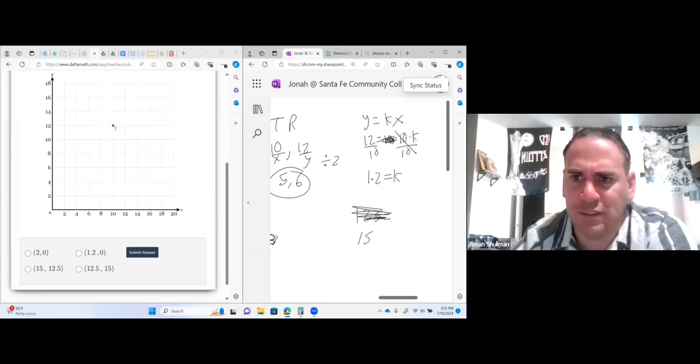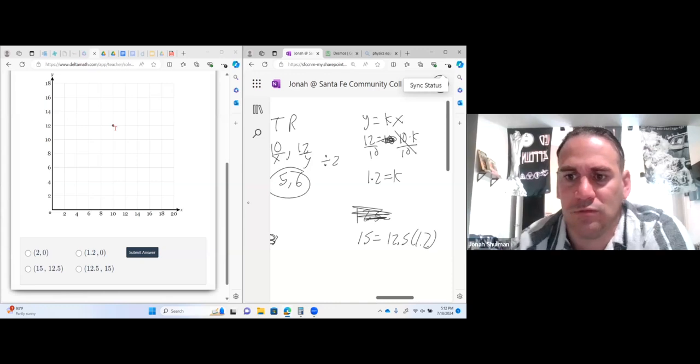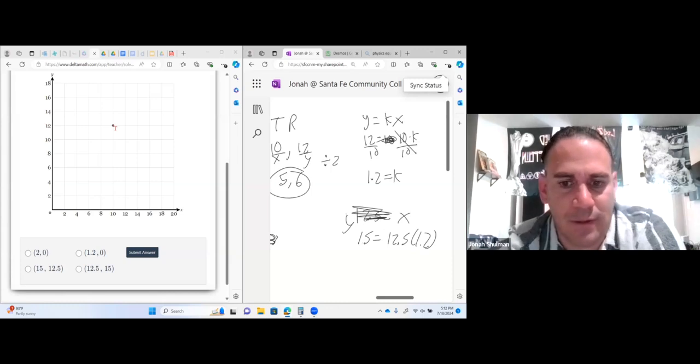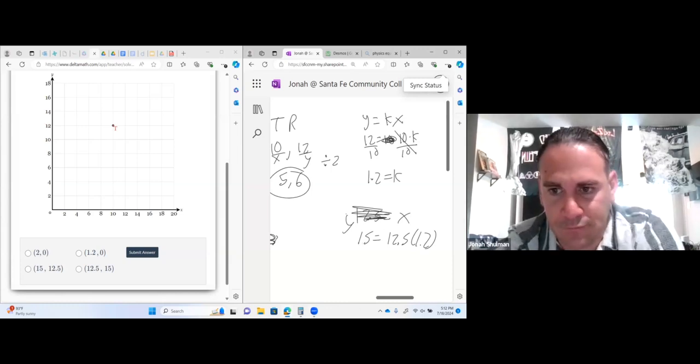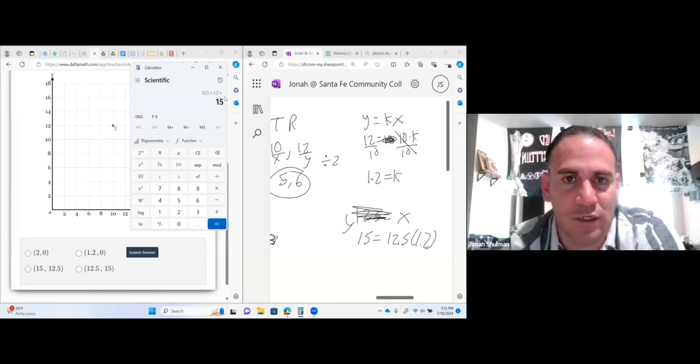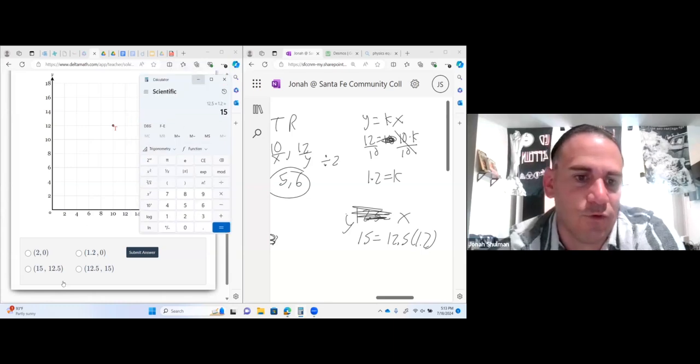So 15 equals 12.5 times 1.2. If I put this x and this y, I should get the answer. Let's try it. 12.5 times 1.2. Is this going to give me the 15 we want? It does. So it works out for us.